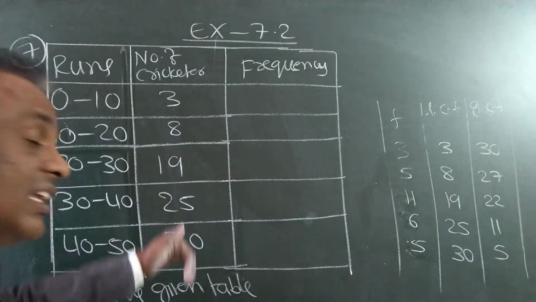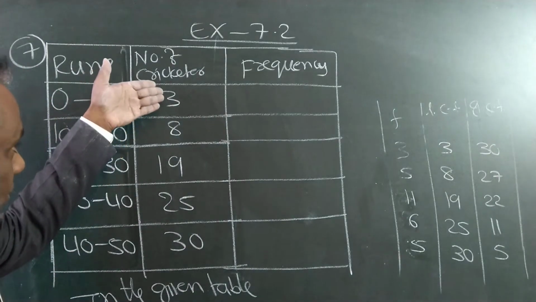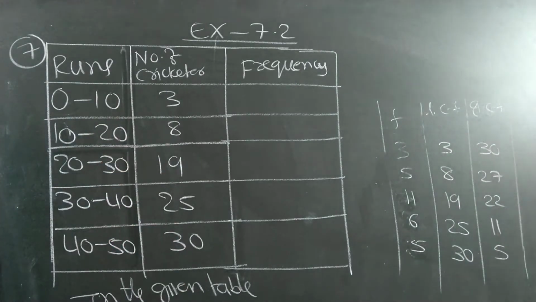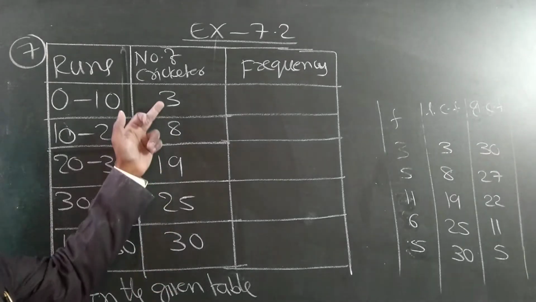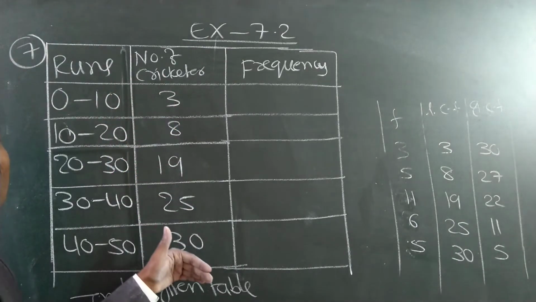Cumulative frequency is in increasing order. In the given table, the cumulative frequency is in the increasing order.